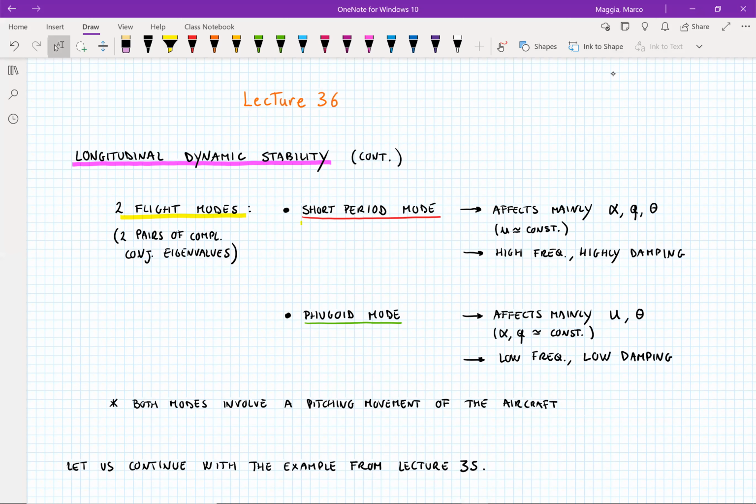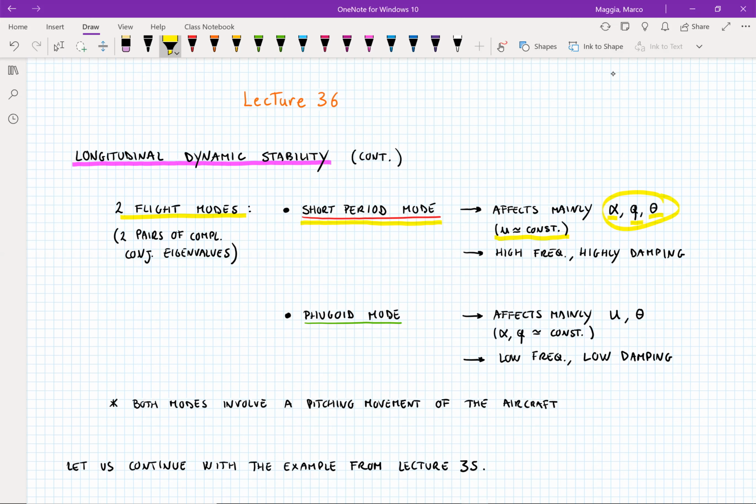One called the short period mode, which affects mainly the angle of attack, the pitching rate, and the pitch angle. And while this mode affects these three states, it doesn't really affect the surge speed. Therefore, if only this mode was acting, the component u of the velocity would remain constant.